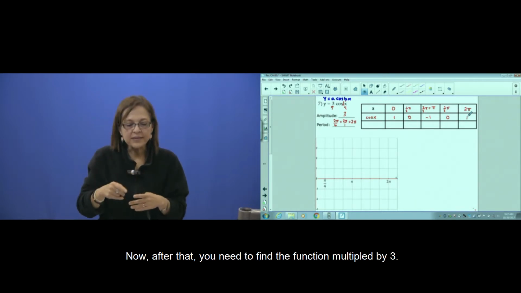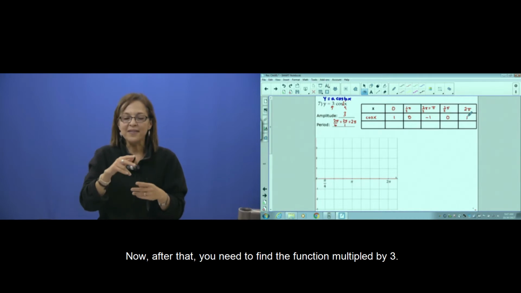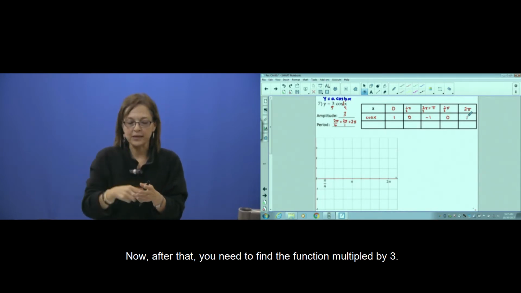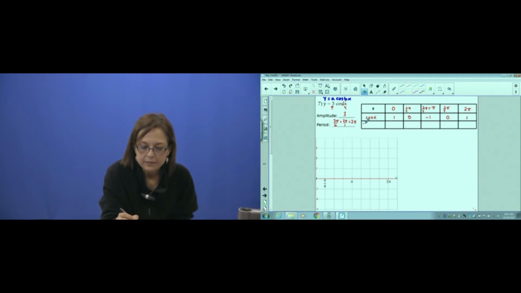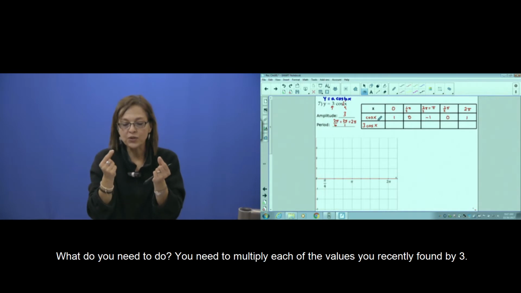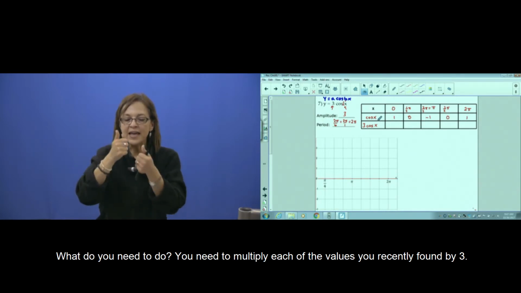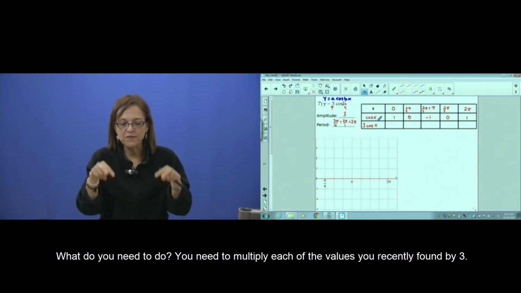Now, after this, you have to find the function multiplied by 3. What to do? Multiply by 3 each of the previous values.